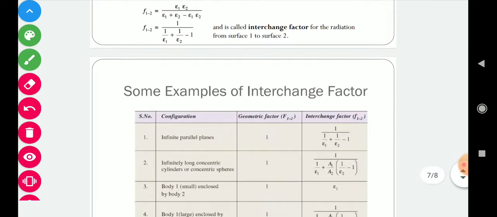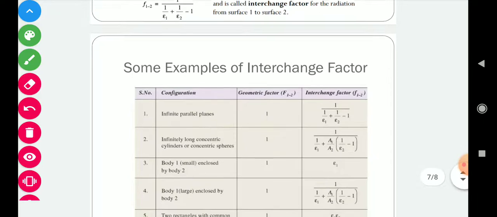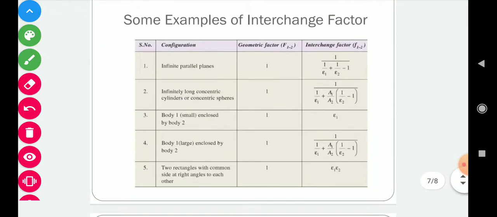Similarly we can calculate the interchange factor for other geometries. So these are some examples of interchange factor. If we have infinite parallel planes, in that case the geometry factor or view factor will be 1, because whatever energy is incident on surface 1 will strike surface 2, and the interchange factor is this one that we calculated in our previous slides.